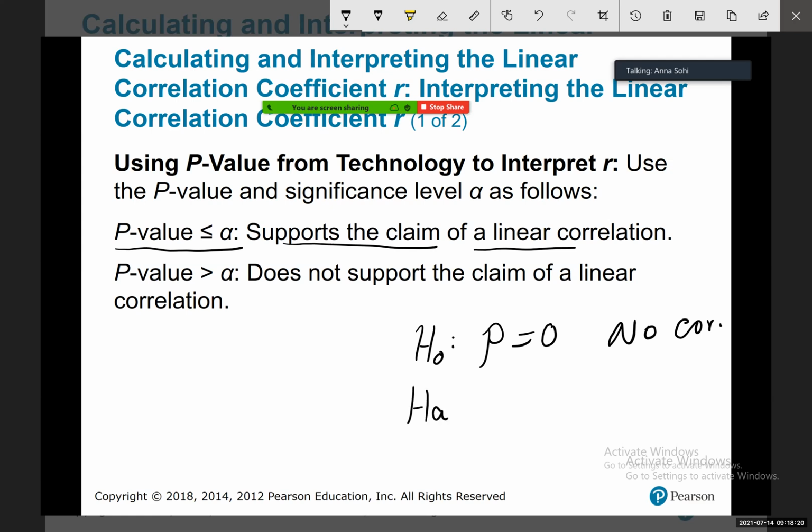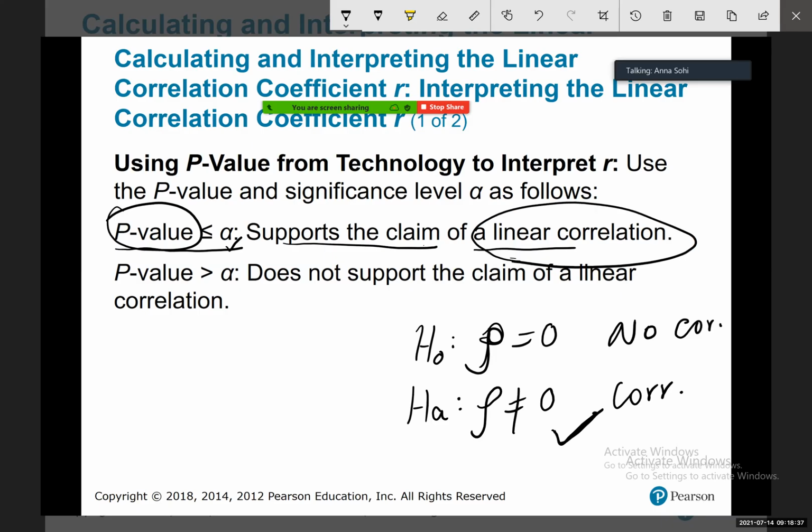An alternative hypothesis is rho not equal to 0, and that means correlation. So if p-value is smaller than alpha, we support the alternative, which is there is a correlation. If p is a large number, we do not support the claim that there is a correlation.